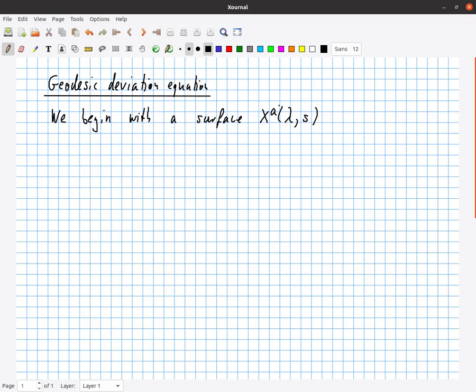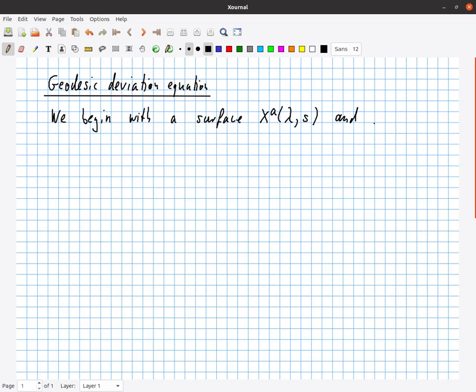If lambda is a constant, then x^a of s is also a curve, which means we have families of curves parameterized by one parameter. But if we keep them both arbitrary, we get something like a two-dimensional sheet, which we call a surface. This can be formulated in n dimensions, for instance.